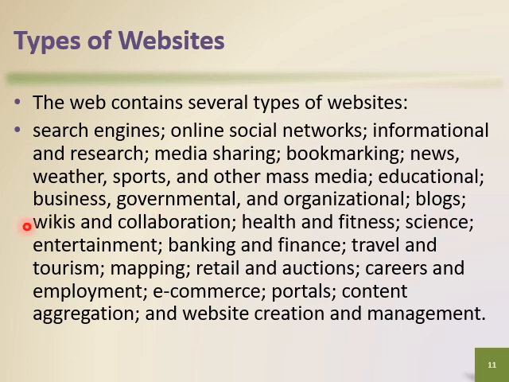We have blogs, health and fitness websites, science websites, entertainment. We use banking and finance websites, travel and tourism websites. Then we have mapping, retail and auction websites, career websites, employment sector, etc. You name anything, you can get a website of it on the internet. So let's explore these types of websites one by one.